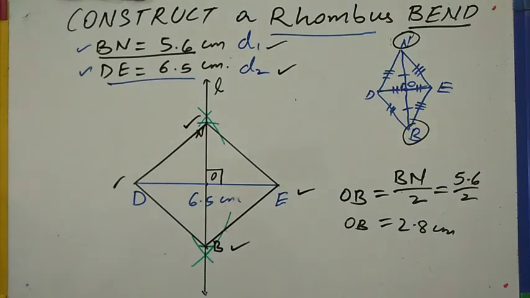Thus, the quadrilateral or rhombus BEND is formed. So, children, out of 3 questions of exercise 4.2, I have solved 2 questions.